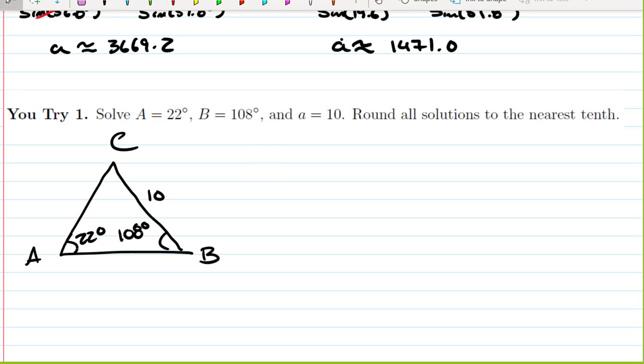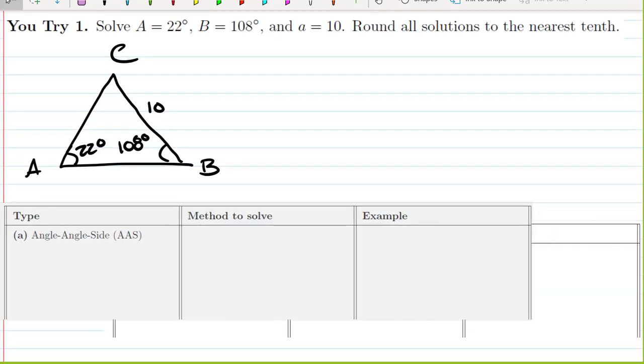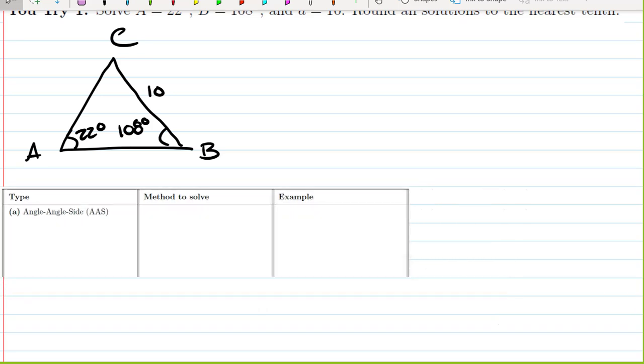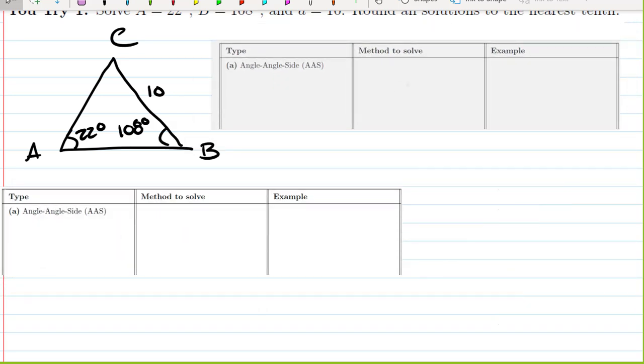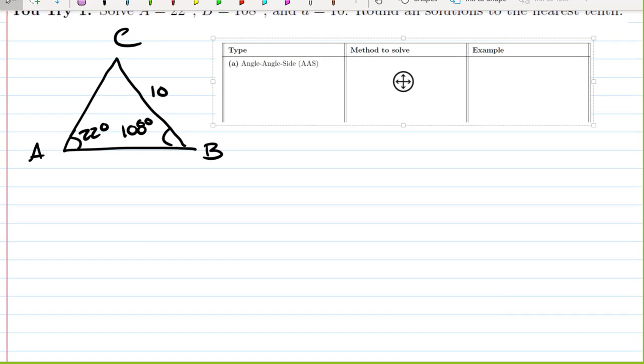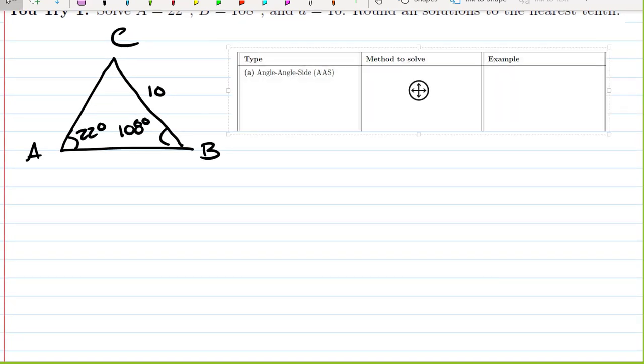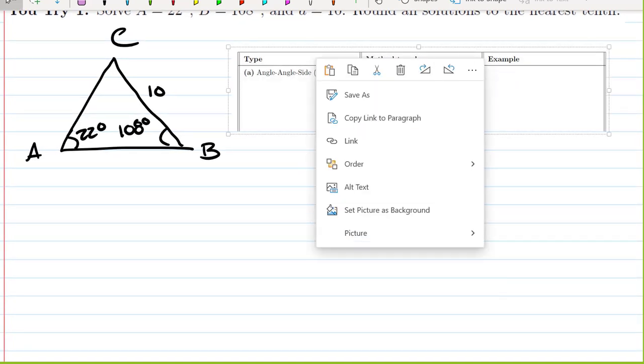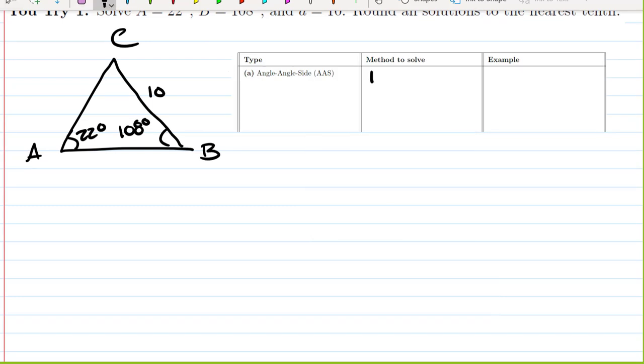So in terms of our chart, this one is actually one we haven't seen before, and I didn't explicitly do an example of this one. And so this is angle-side-angle, and we're going to use the law of sines to solve.